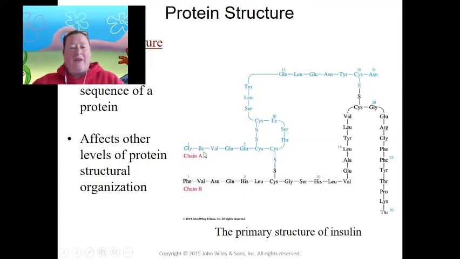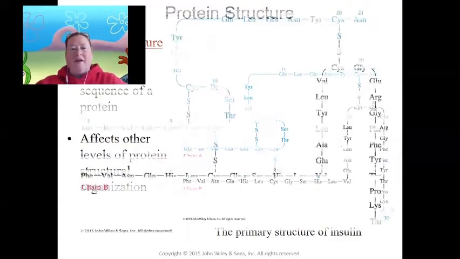I cannot remember. I think it might be isoleucine. We don't really need to remember this. And it affects all other levels of protein structural organization, because it is what is on these side chains that are ultimately going to determine those secondary and tertiary structures, primarily tertiary.